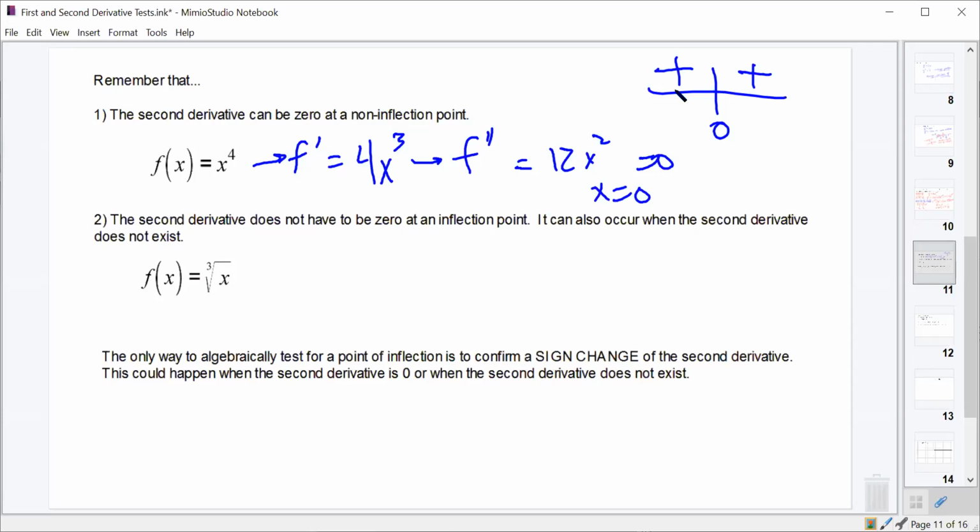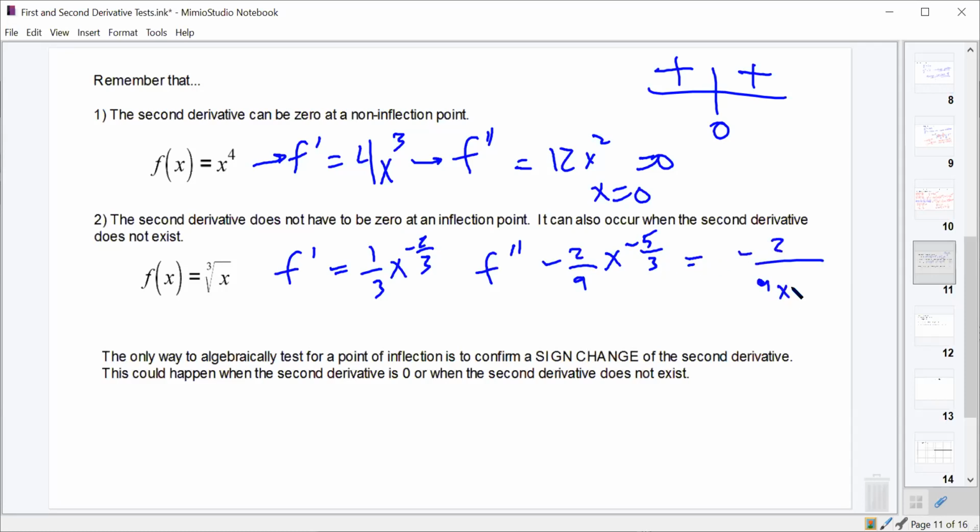All right, so the second piece of this is that we got to make sure that we check when it's undefined, because a lot of times people forget about that and they just look for when it's 0. So f prime is 1/3 x to the negative 2/3, and f double prime is negative 2/9 x to the negative 5/3, which is negative 2 over 9x to the 5/3.